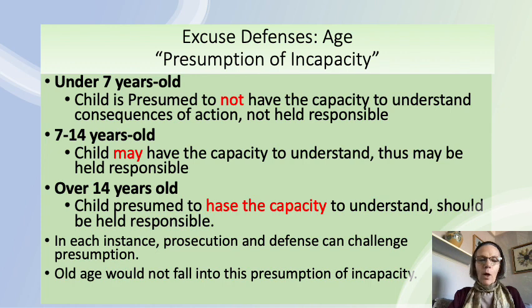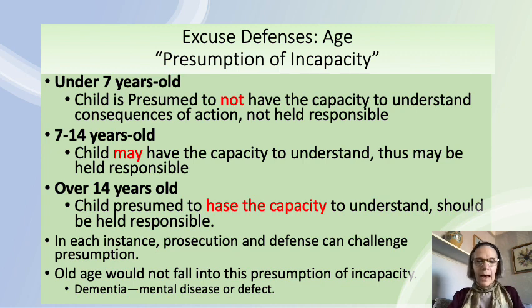Old age would not fall into this category of the presumption of incapacitation. What we would look at is the mental disease or defect, right? That you could say, well, an older person has dementia, and dementia prevents them from understanding the consequences of their actions, okay? But it falls outside of age as an excuse defense.